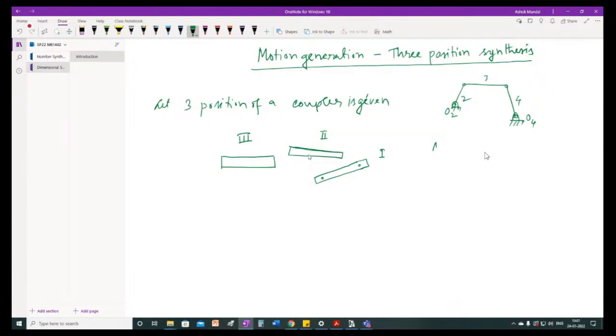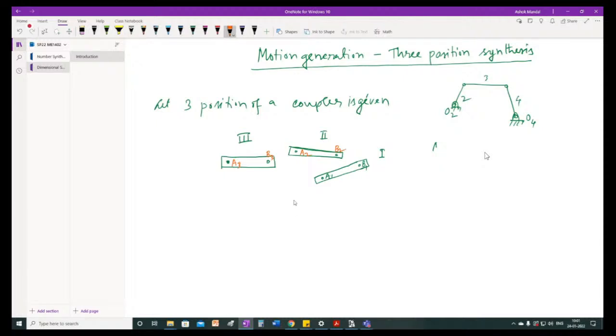For three positions given, obviously from the second position you know the hinge points. Let's say I am calling them A1, B1, second position A2, B2, and third position A3 and B3. This is given.